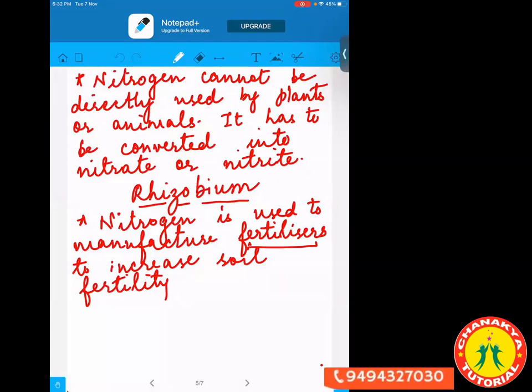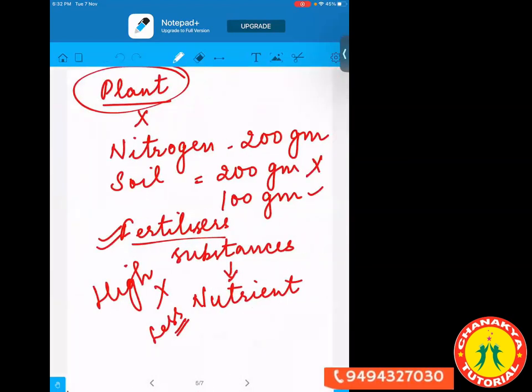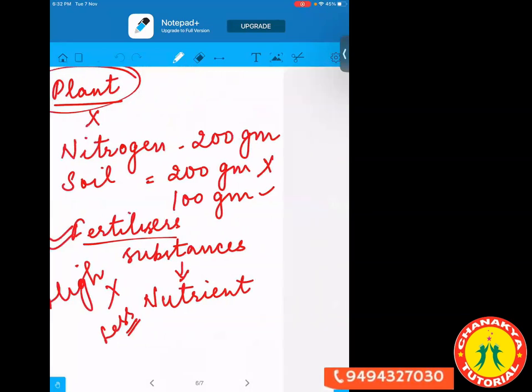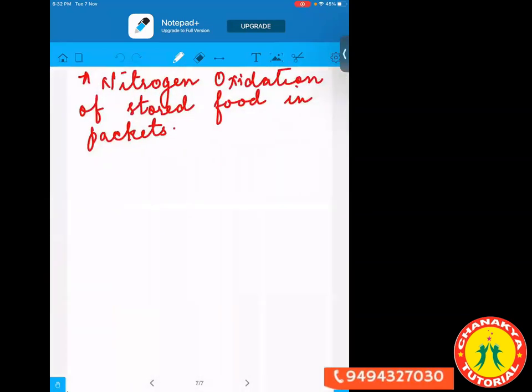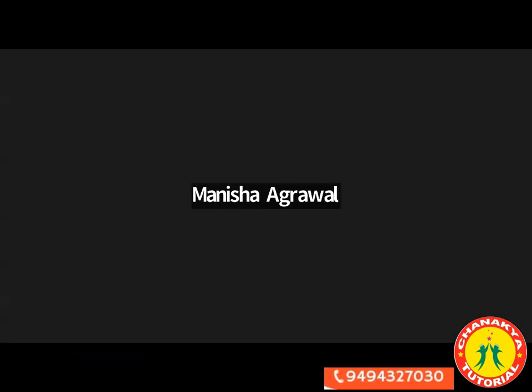And then it is also used to manufacture fertilizers and to increase soil fertility. I have just explained with an example what fertilizers are, how they are used and when they are used. And then it is also used to store food in packets. All right, children, any doubts you have?